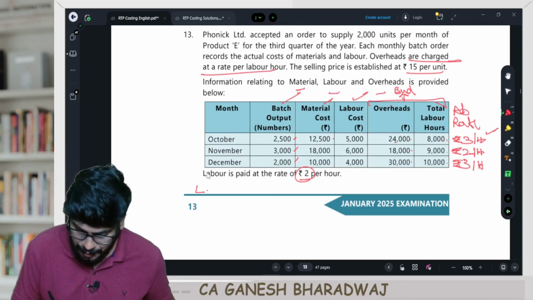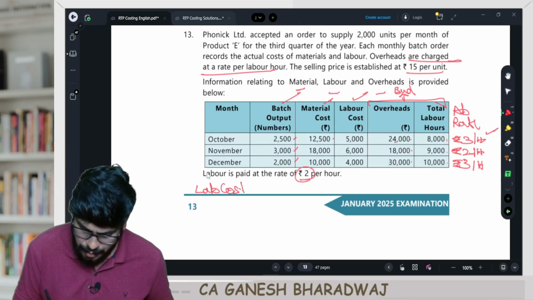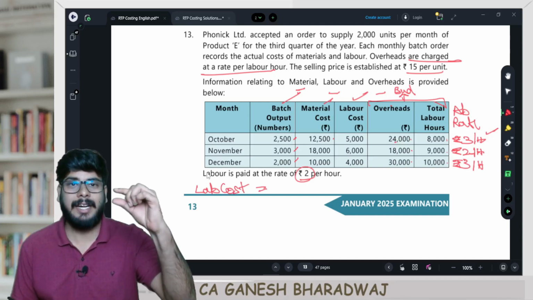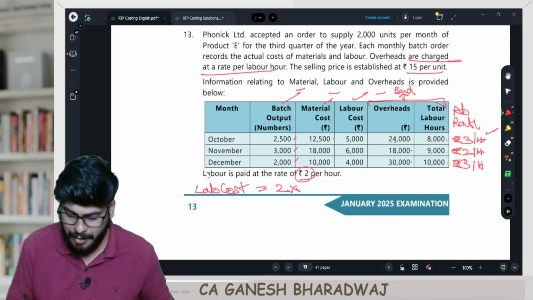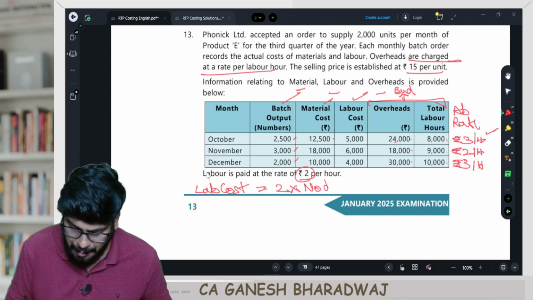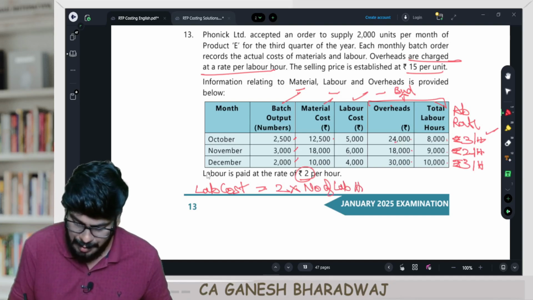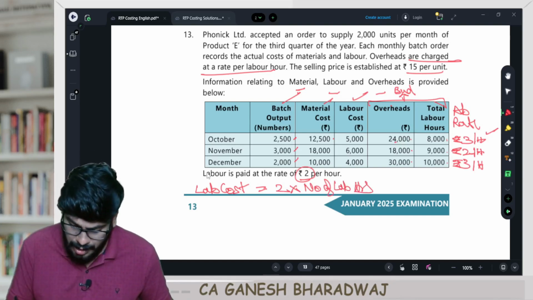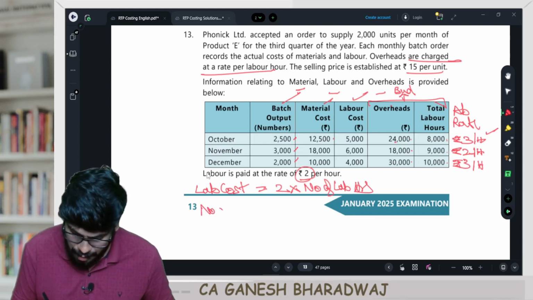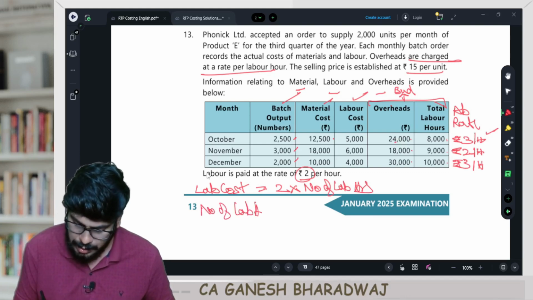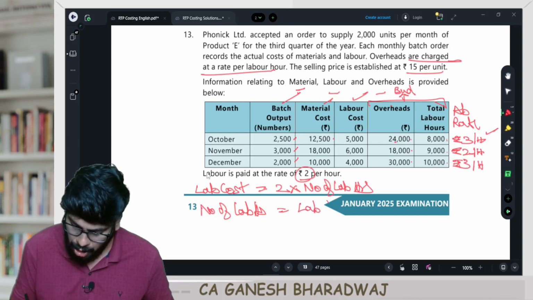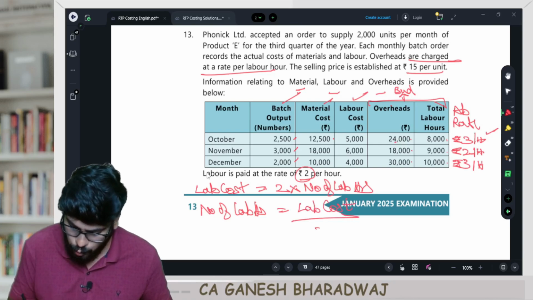So, can I say labor cost is equal to the rate at which I am paying, 2 rupees per hour, into the number of labor hours, correct? Or in other words, the number of labor hours is equal to labor cost divided by the rate, that is 2 rupees here.